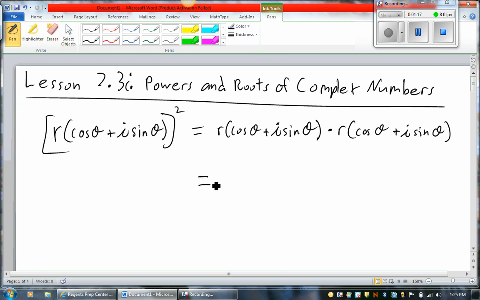Now I use my multiplication rule that I learned last time. So we're going to end up with r times r, cosine of theta plus theta, plus i times the sine of theta plus theta.